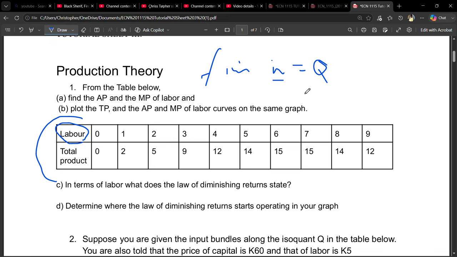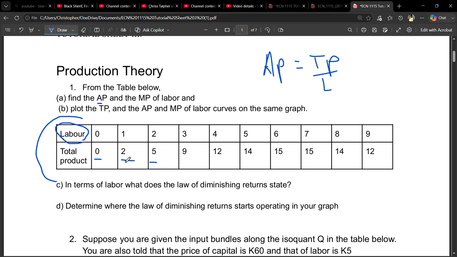Outputs. Okay, so with the question that we have, how do we find AP? Average product is simply the total product produced by labor. Okay, so we have total product here.